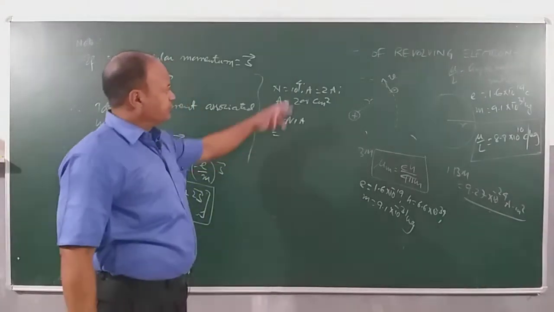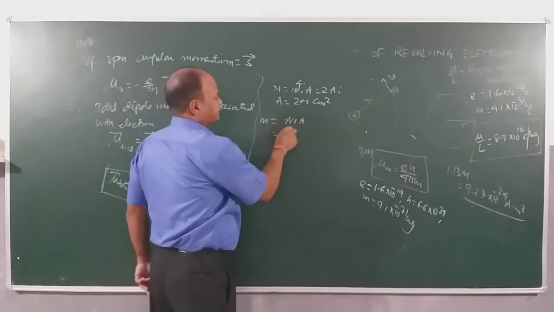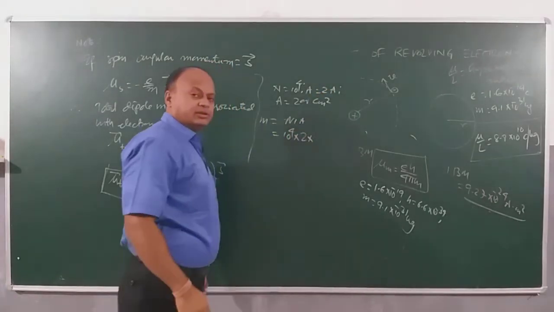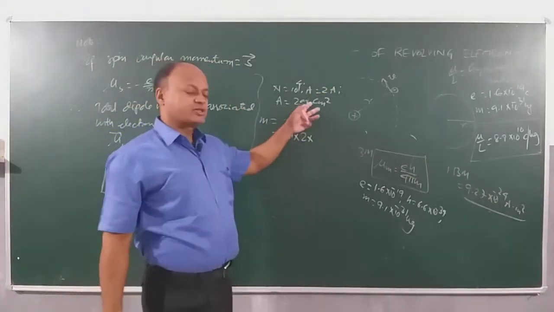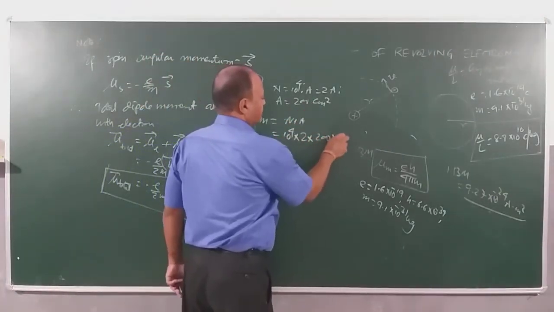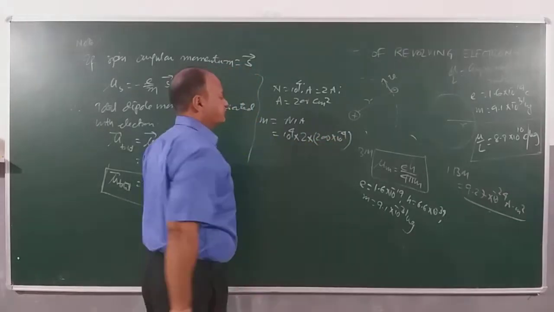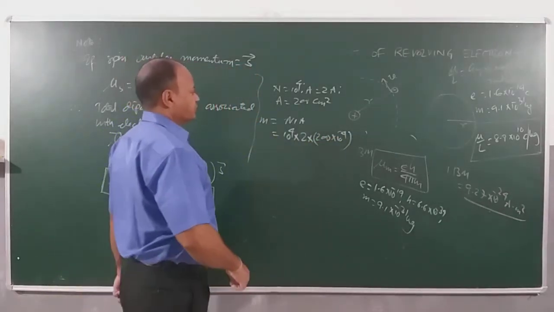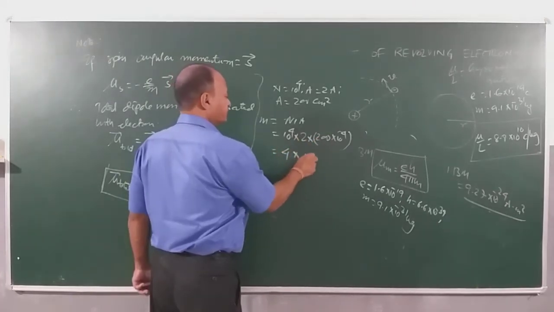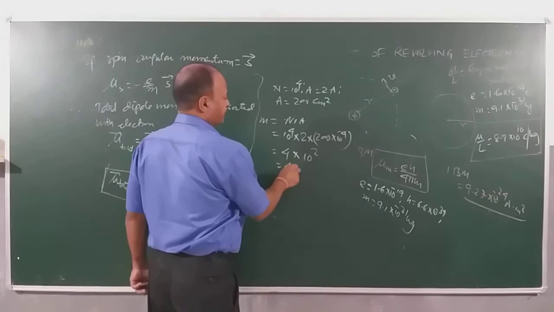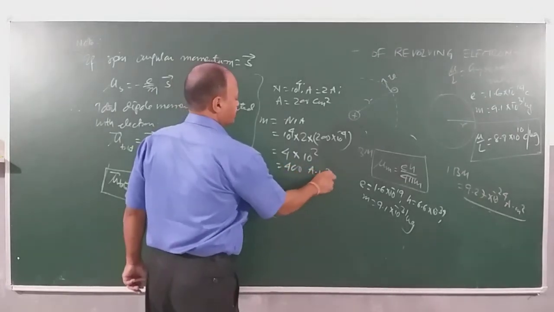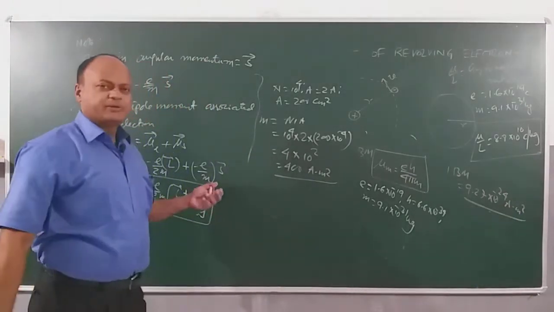Now N we have 10 to the power 4, I is 2, and A is area in centimeter square, we need to convert into meter square. So we multiply 200 into 10 to the power minus 4. Clear now? So what do we get? 4 into 10 to the power 2, or 400 ampere meter square. So they can give you simple sums like this.